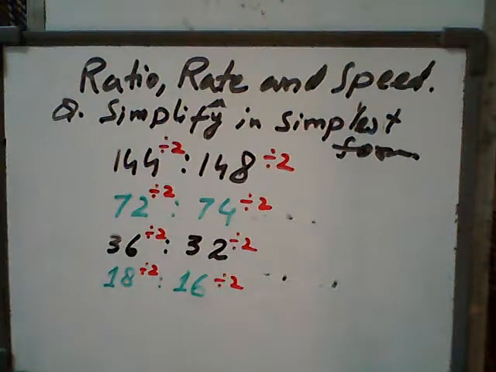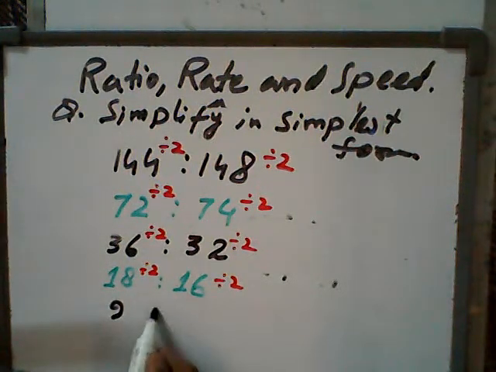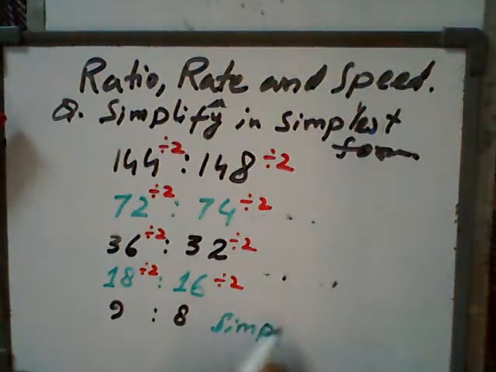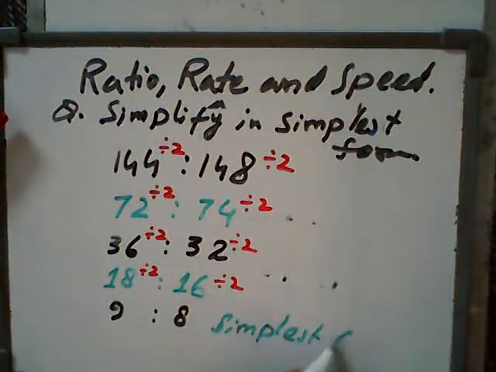So it becomes 9 ratio 8. These two numbers could not be simplified further. So these are the numbers in simplest form.